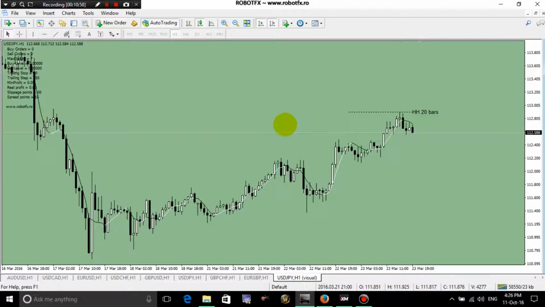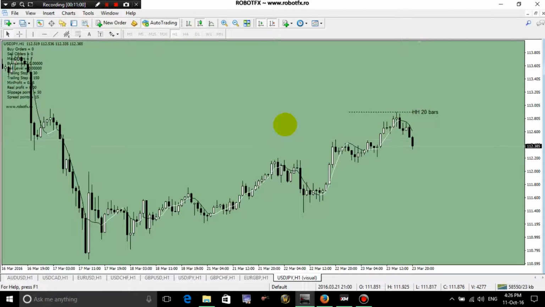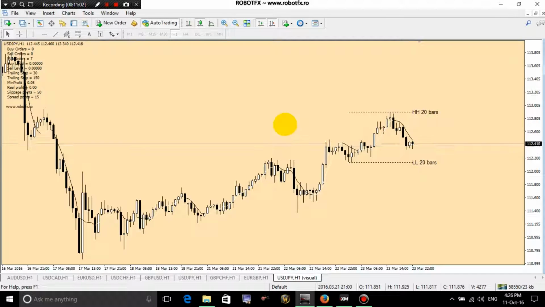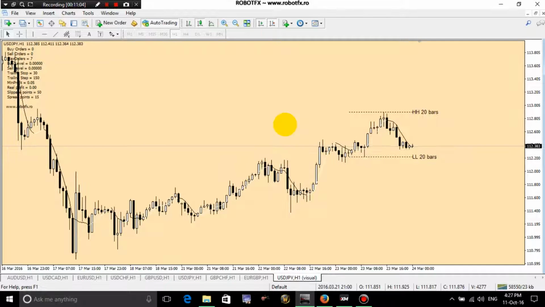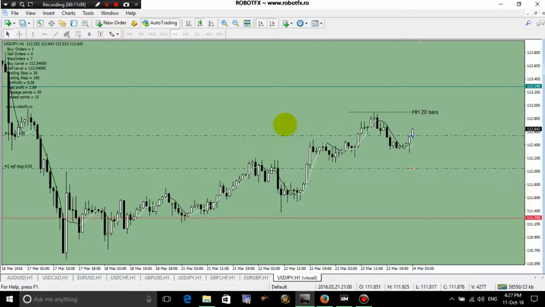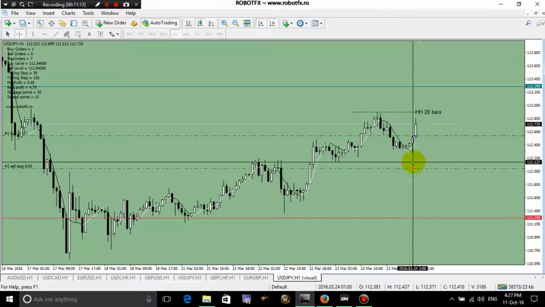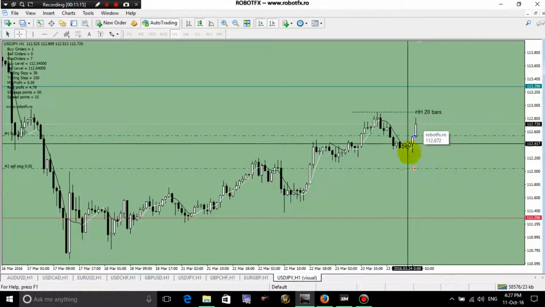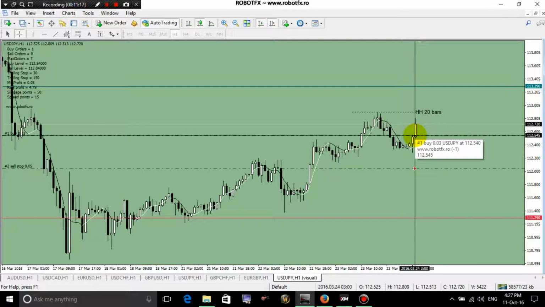Looks like it's about to change again, but too close to the last highest high, or no? And then it changed the color. Oh no, and now we have an uptrend. And then we had another entry signal according to this expert advisor and the non-lag moving average indicator.